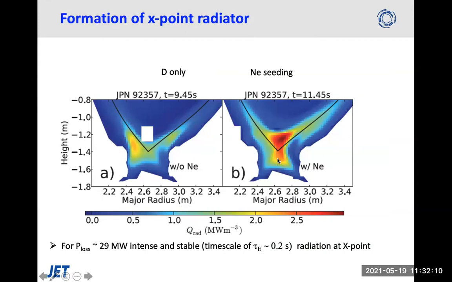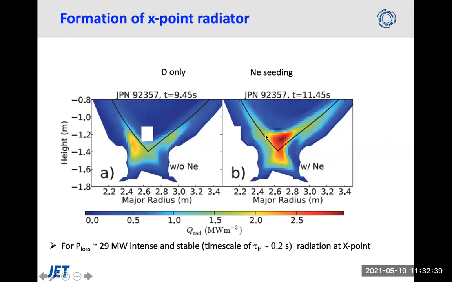One can do volumetric radiation. This is now a case for JET; previously we had ASDEX Upgrade. At JET, something very similar is seen without neon seeding. You have this radiation here. And with neon seeding, you can produce this X-point radiator, which can remove apparently a lot of power from inside the last closed flux surface, but still in the edge of the plasma.